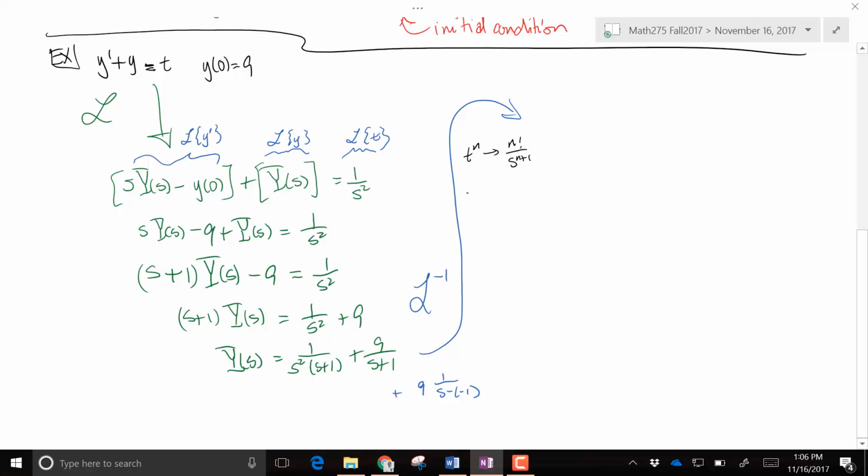We know that e to the at is going to go to 1 over s minus a. We have some sines and cosines also, but I think we can not worry about the sines and cosines. But based on these two, I have an s squared and an s plus 1 possibility of combining things.